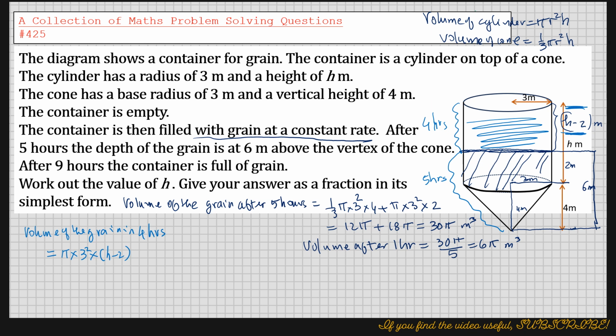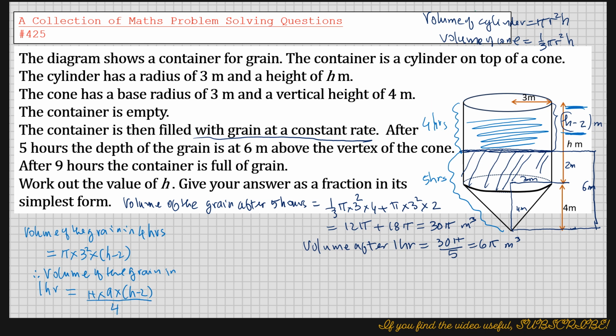That's the volume of the grain in 4 hours. Therefore the volume of the grain in 1 hour would be pi times 9 times h minus 2, divided by 4.